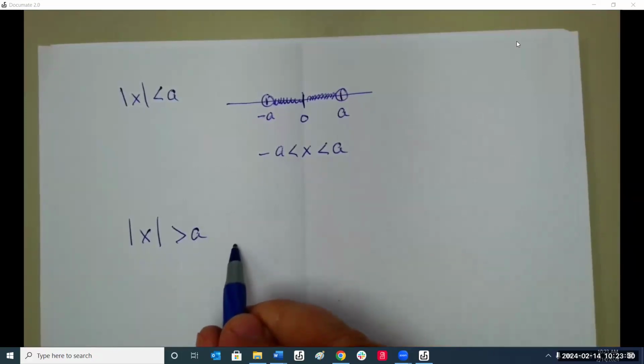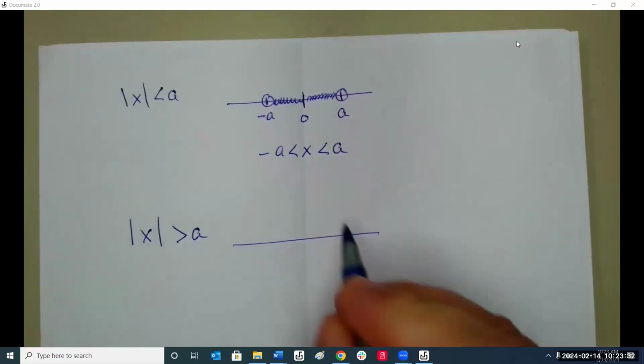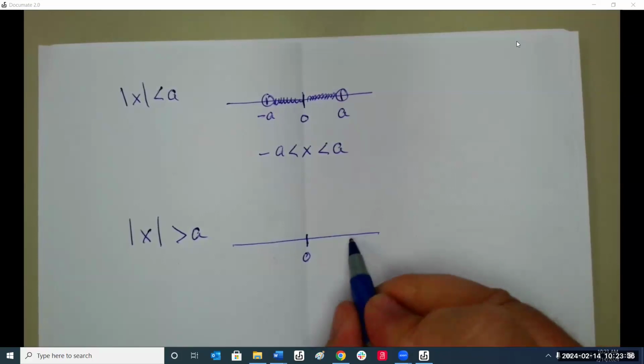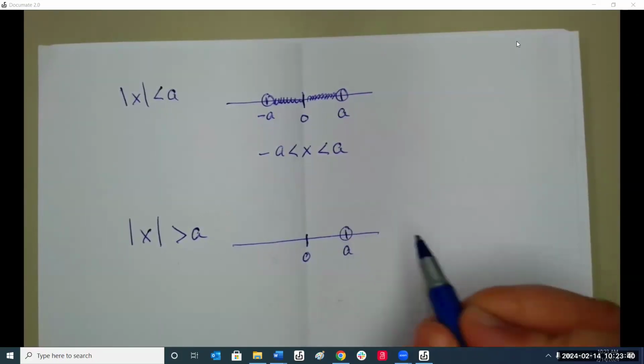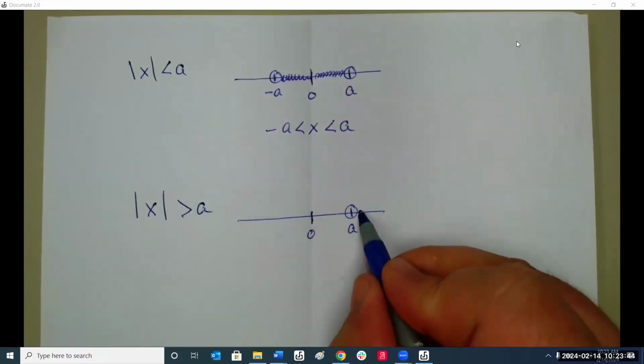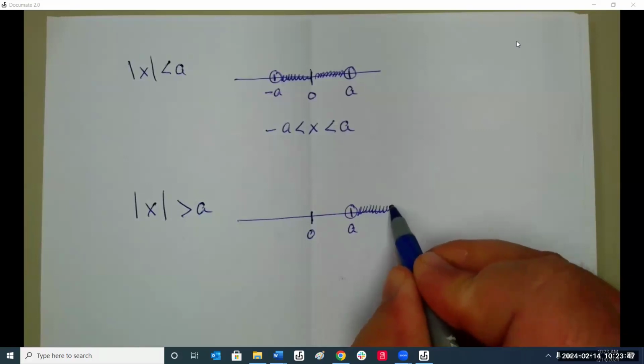The absolute value of x is greater than a. Here's 0. There's a. It's greater than, so it's going to the right.